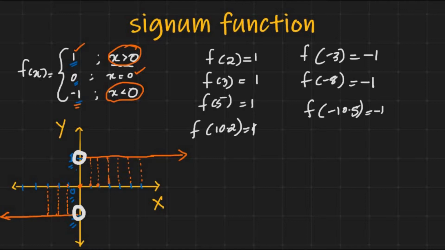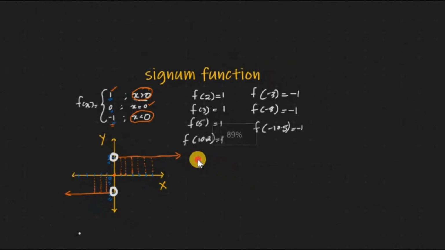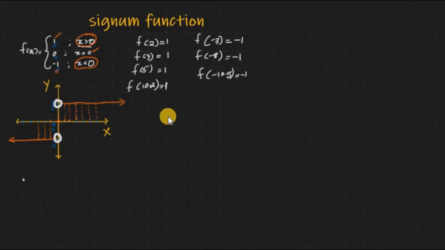Now we shall derive the connection of the signum function with the modulus function. As you know, the modulus function is also defined in two ways. We know that the function mod x is defined by x when x is greater than or equal to 0, minus x when x is less than 0, and 0 for x equal to 0.